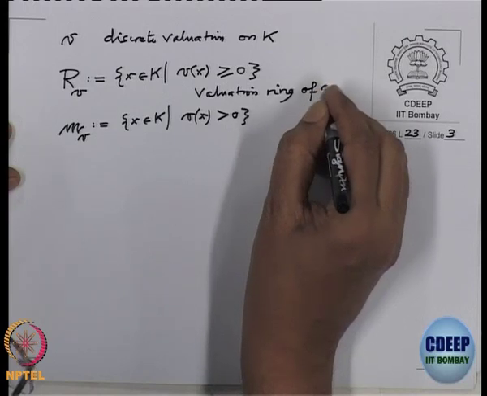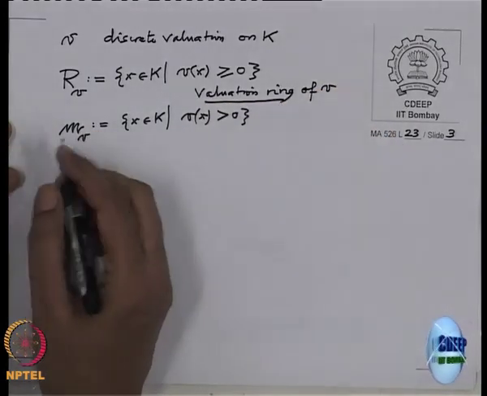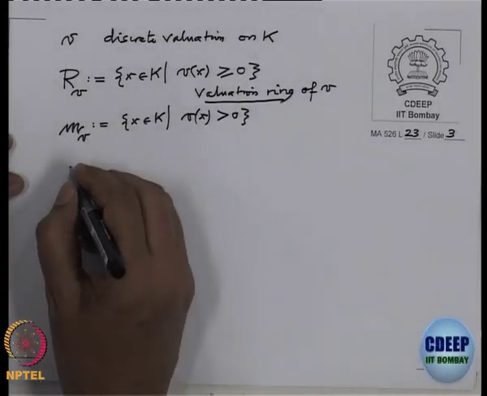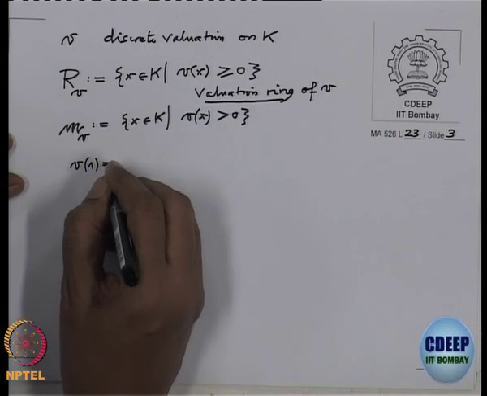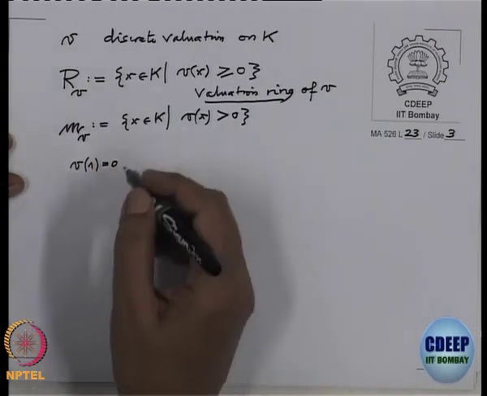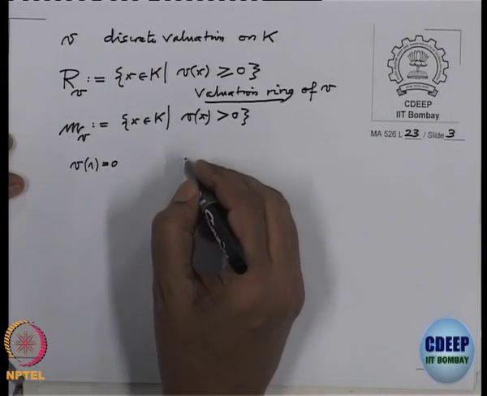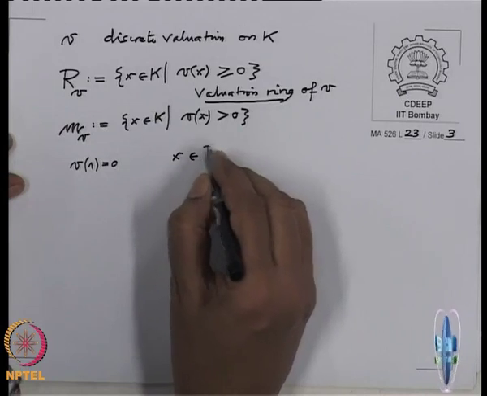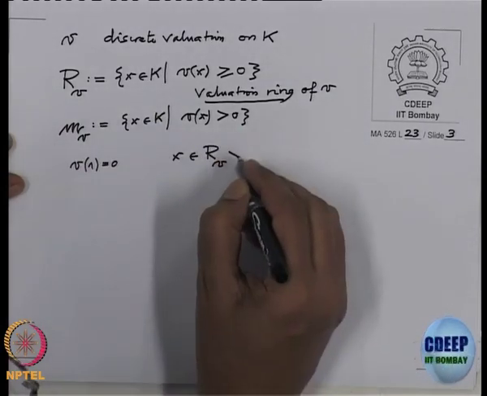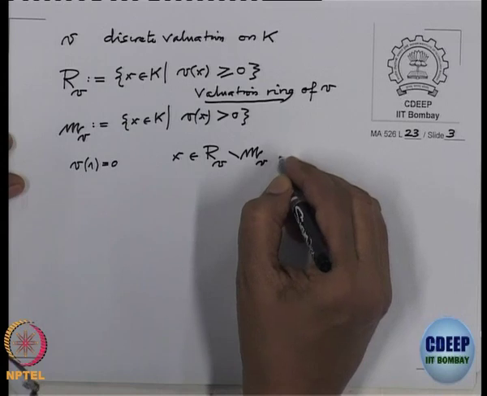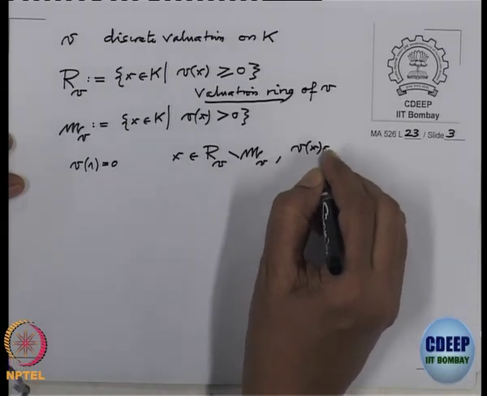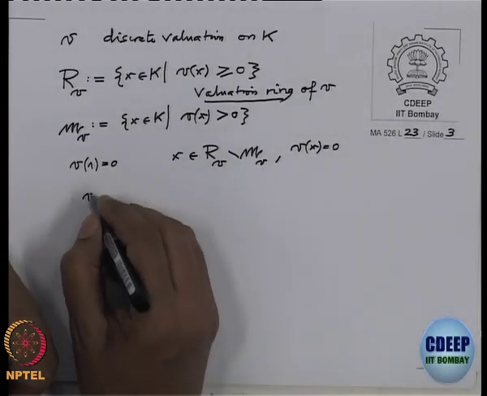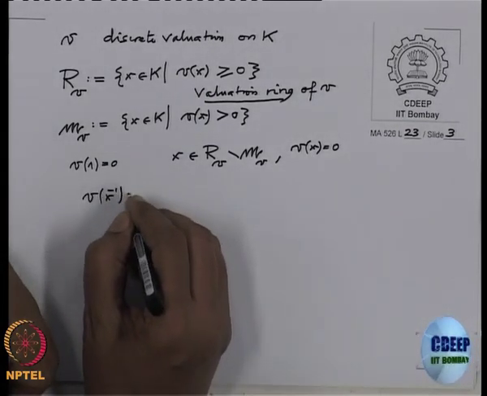It is now very easy to check that, first of all, we know V of 1 is 0 because it is a group homomorphism, and if x is in RV but not in MV, then V of x must be 0, and once this is 0, V of x inverse is also 0.